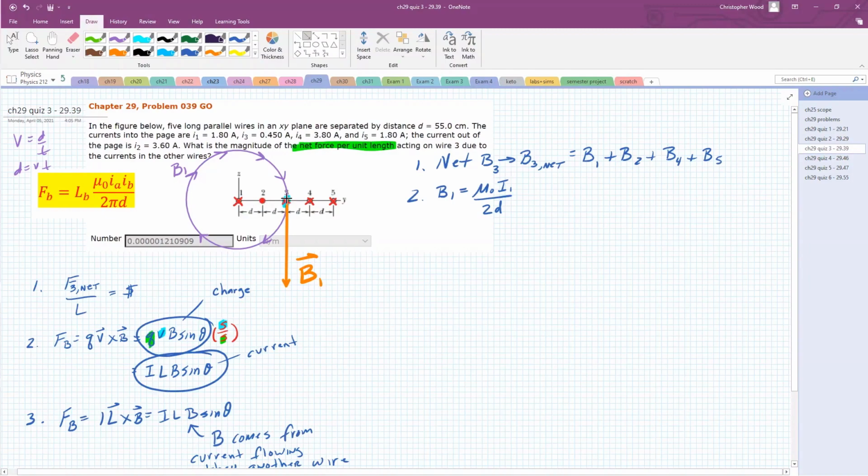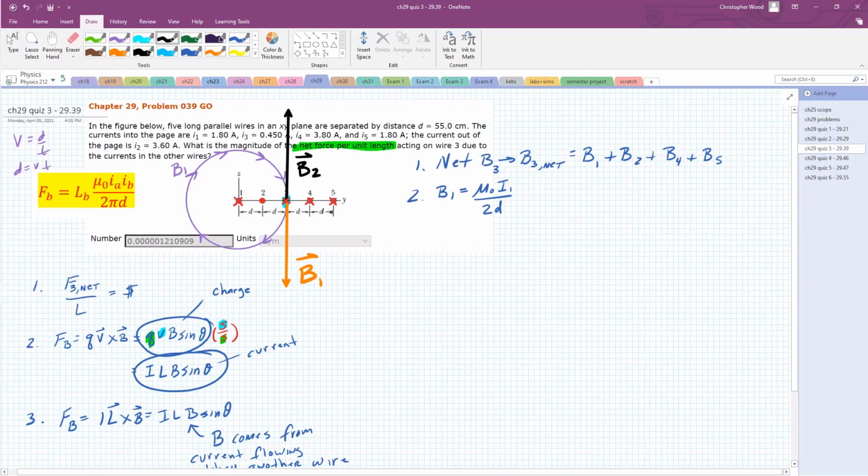But this would be the magnetic field at wire 3 due to the magnetic field created by wire 2. So that's B2 vector. I'm not going to draw B2 field, I'm just going to draw B2 vector.